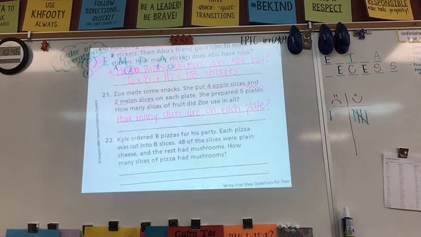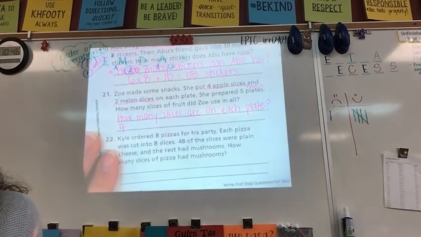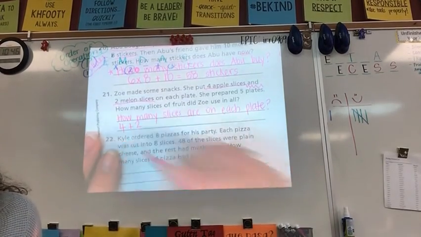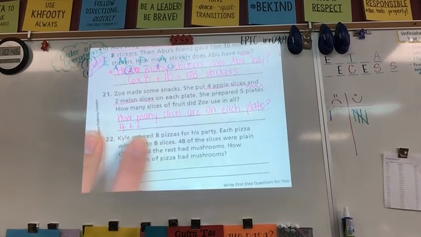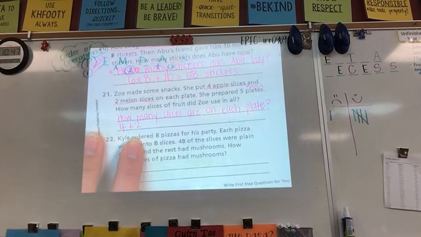Groups tells me to multiply, but and tells me to do something else usually. Plus, because there's just 4 apple slices and 2 melon slices. So our first step would be 4 plus 2. What is 4 plus 2? 6. So we know there's 6 slices on each plate.